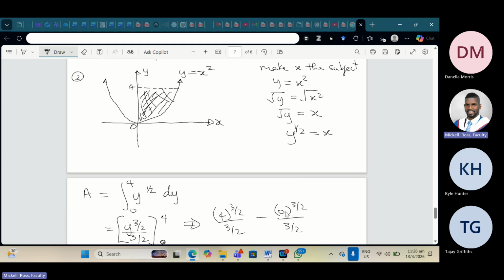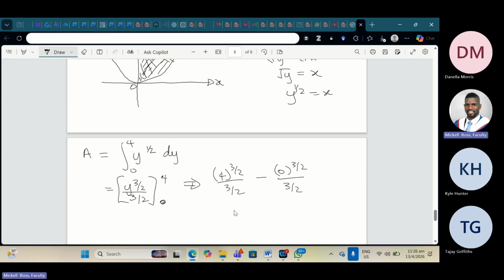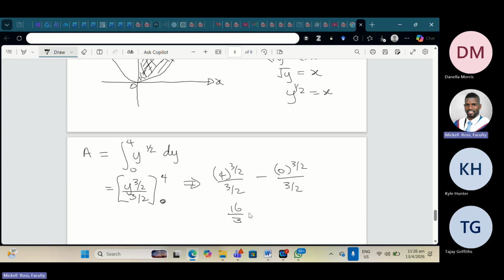All of this side is 0 because 0 to any power is 0, right? So over this side, 4 raised to the 3 halves is going to give us 8 divided by 3 over 2. So all of this side is just going to work out to 16/3.